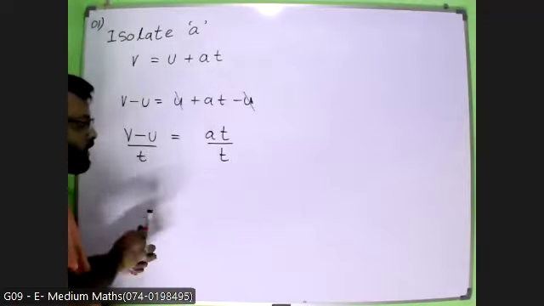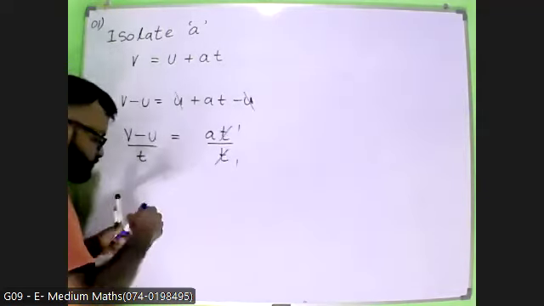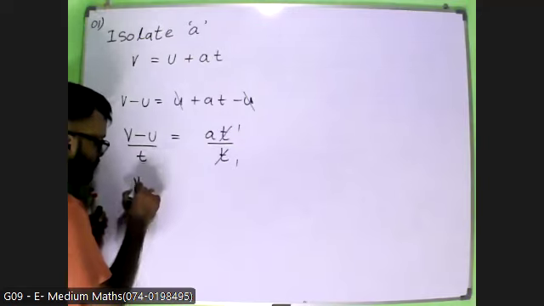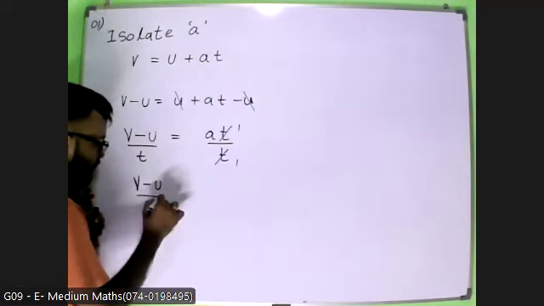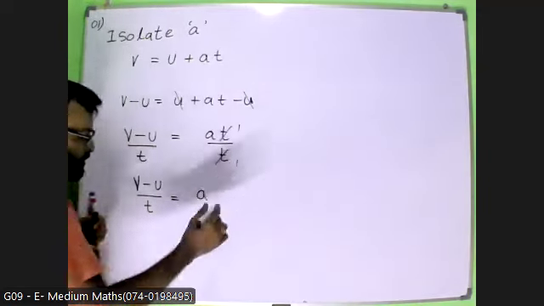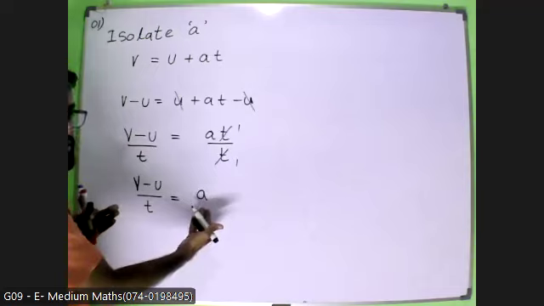T divided by T is 1. V minus U divided by T equals A. Now this is the answer, right?